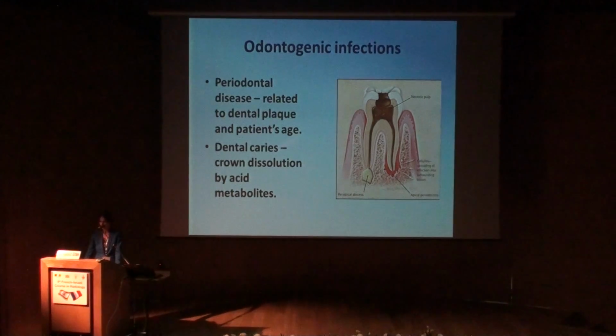And then you can eventually get resorption and recession of the gingiva and resorption of bone with subsequent tooth loosening. The other tooth disease is dental caries, which is basically the crown dissolution by acid metabolites produced by bacteria fermenting your favorite chocolates, carbohydrates.